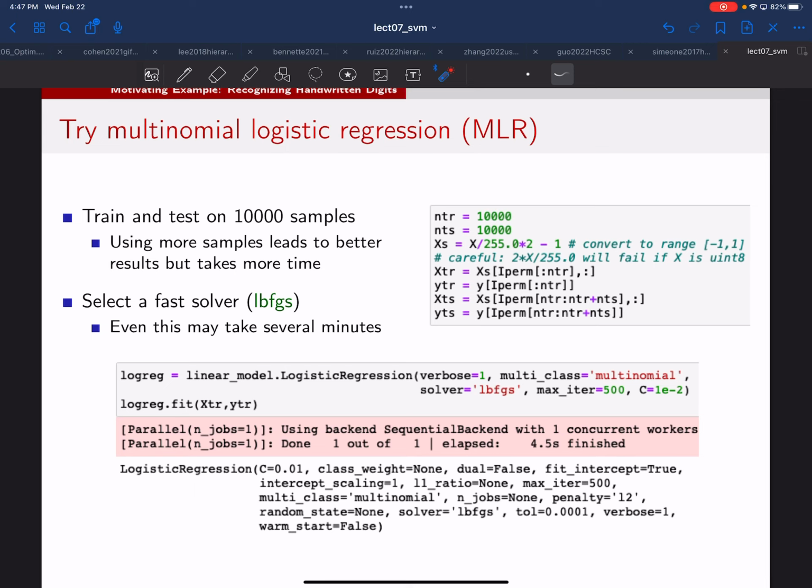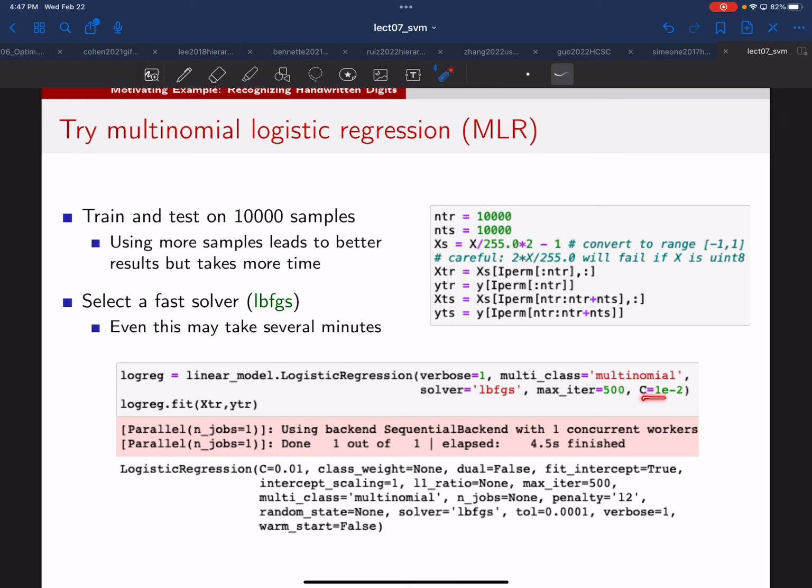Okay, so anyway, we have our training and test data. We select a pretty fast solver, LBFGS, and we run logistic regression. We're going to use multinomial because that tends to work better than one versus rest.